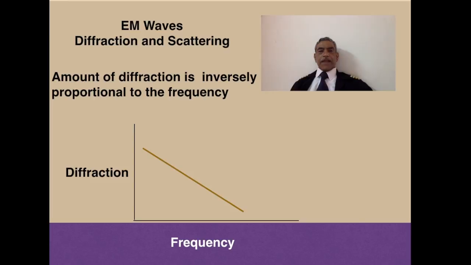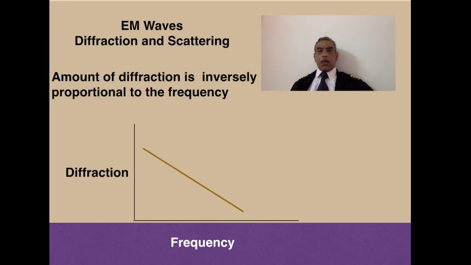Now, this diffraction scattering, is it uniform? No. How does it vary? It varies as per the frequency. The amount of diffraction is inversely proportional to the frequency. That means lower the frequency, higher is the diffraction, higher is the bending, higher is the change in direction.